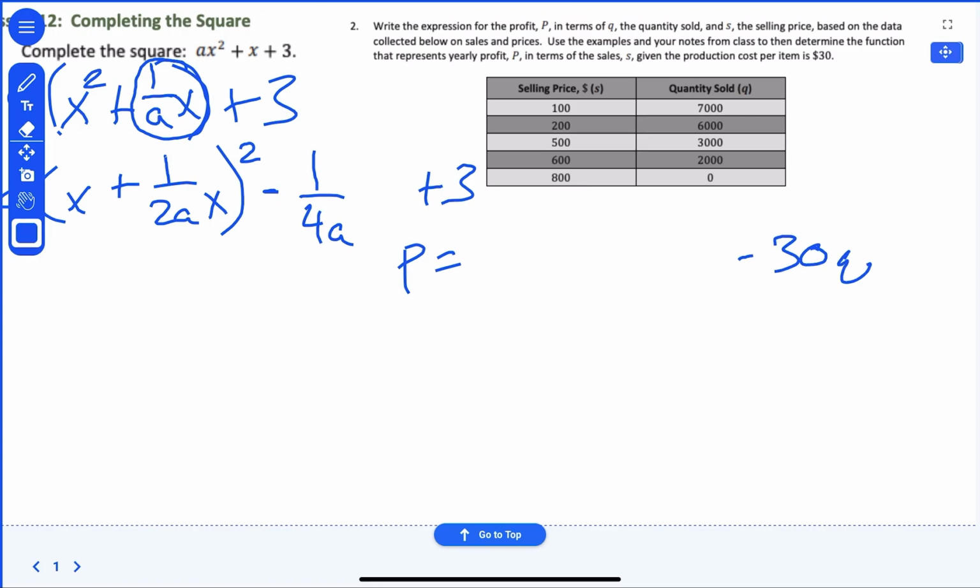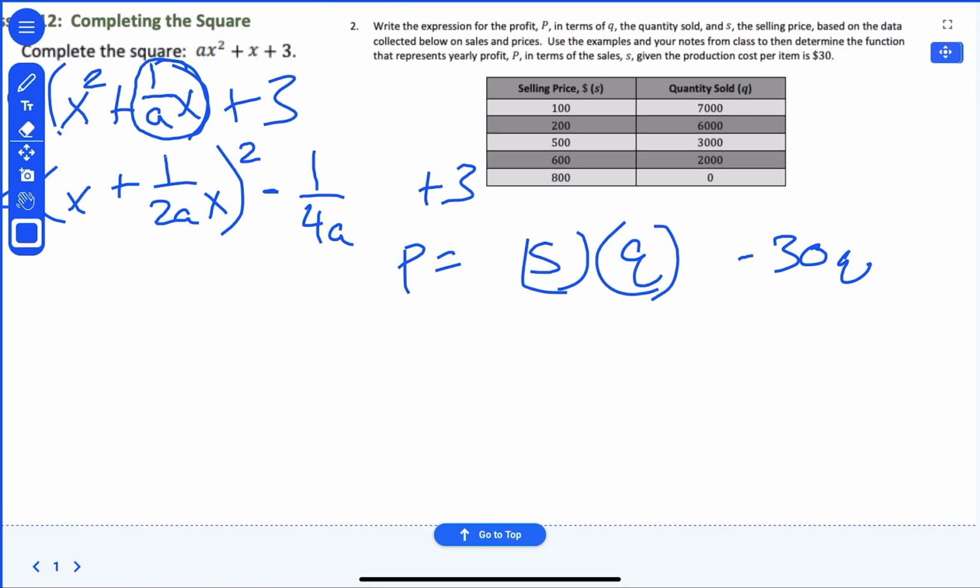So now then, how do you normally find how much money you make off of something? You would do what? S times what? S times what? Q. So normally you would just have S times Q, right?